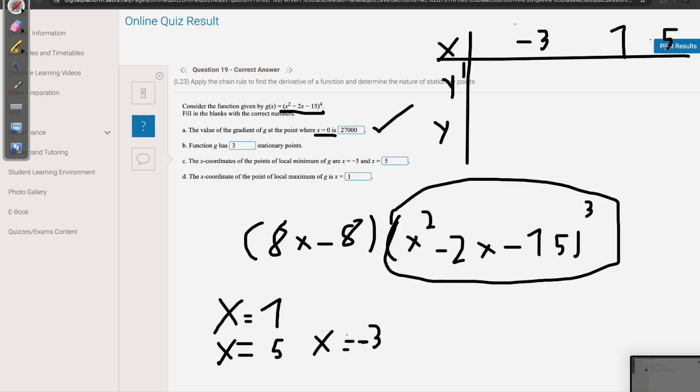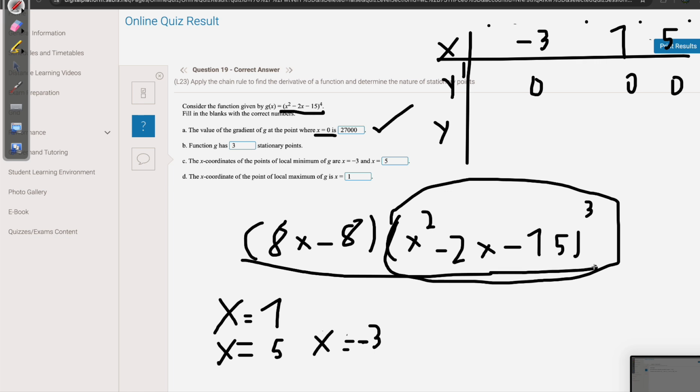We need to fill in the blanks here. So before negative 3, let's take negative 4 and substitute it into this equation.